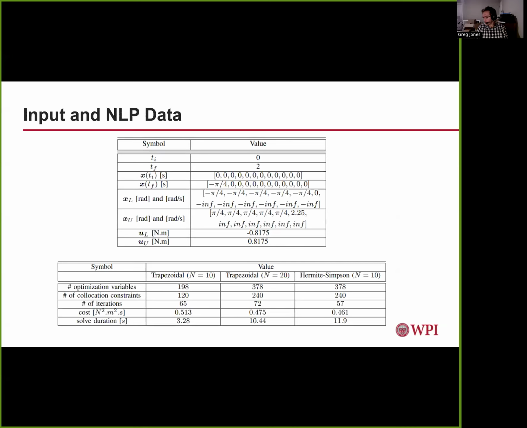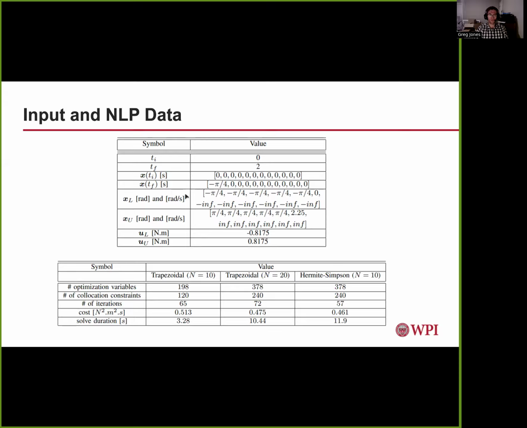Now moving on to the actual problem or experiment. The top table includes input data. The duration of the trajectory was about 2 seconds. The initial state was the home position with no motion. The final state was just offsetting the first joint by 45 degrees.